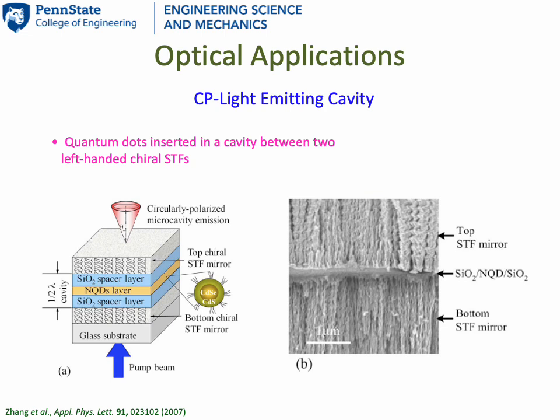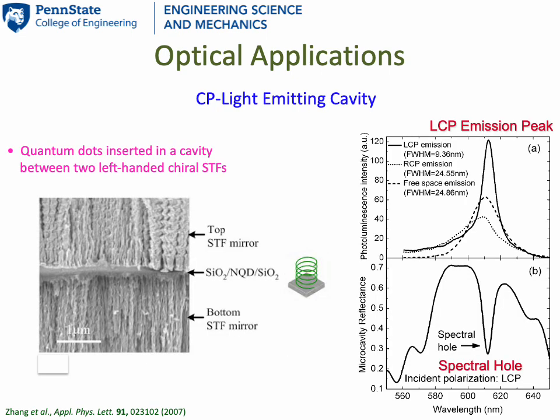Controllable sources of circularly polarized light can be made. A chiral sculpture thin film was fabricated with a central defect. This defect comprises 2 spacer layers sandwiching a layer of quantum dots that were optically excited. Thereupon, visible circularly polarized light was emitted.